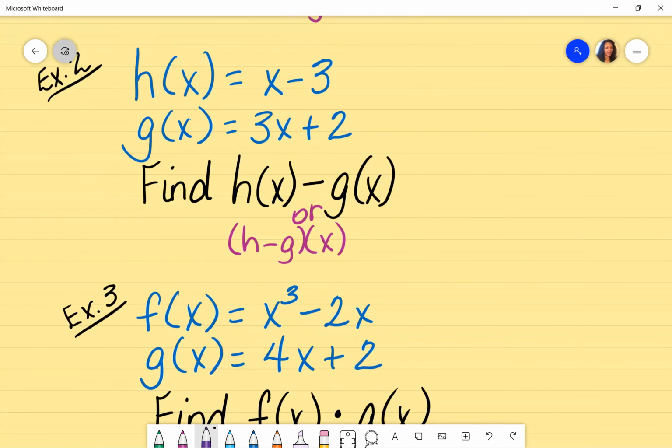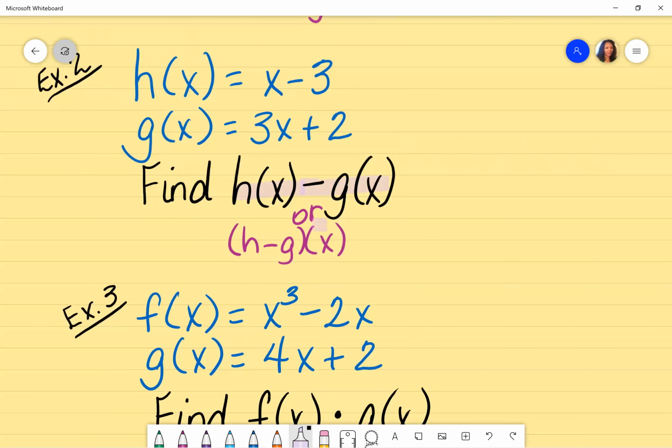In example 2, my directions ask me to find h of x minus g of x, which again can be written in a different notation. Pay attention to that so that you'll understand that. Okay, so now what I want to do is follow those directions. X minus 3 minus, well, this time, if you ever have a negative, you definitely want to use parentheses.